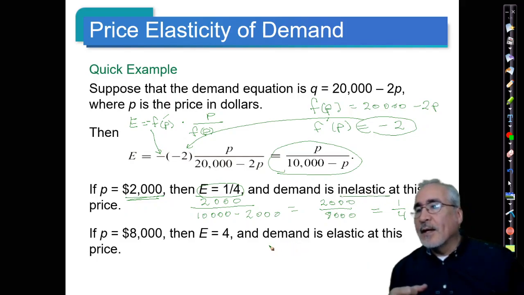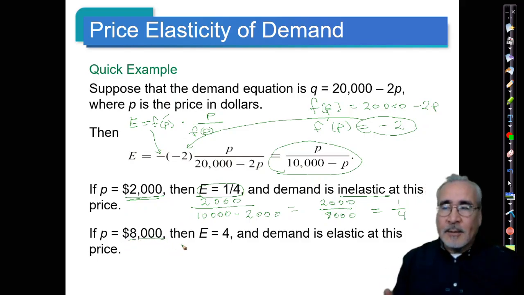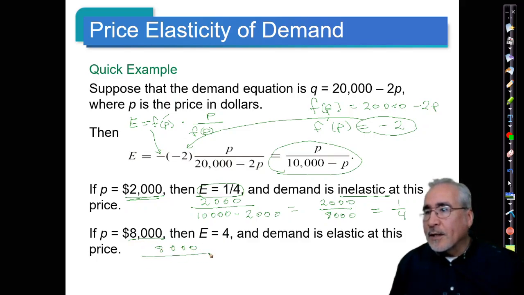Okay. We do the same thing with a price of 8,000. And again, in the problems, they'll give you these numbers. So we plug the 8,000 in for P in both of these places. And in this case, we get 8,000 in the numerator divided by 10,000 minus 8,000.